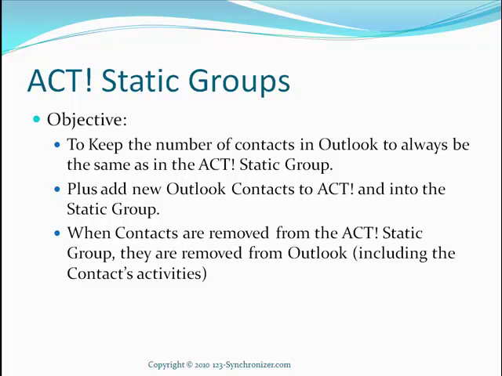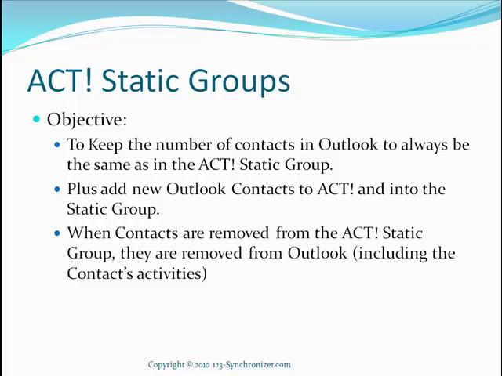So now we have a static group in ACT that we're synchronizing with Outlook. We want Outlook to be the same as the group in ACT. Therefore, if we remove a contact in ACT, we want that contact to be removed in Outlook. Also, if we add a new contact in Outlook, we want that contact to be added into ACT as part of that group.